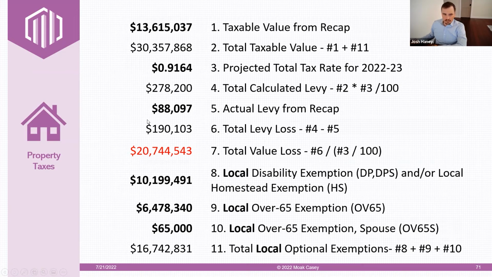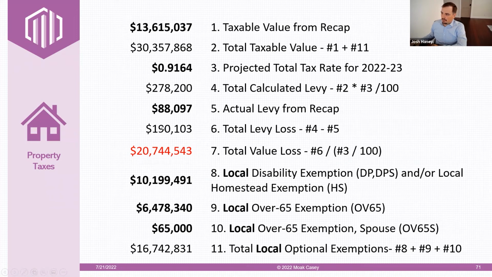What the controller does is it then looks at this difference and says, okay, how much property value would be needed to generate that level of collections? So they look at your tax rate, and you can see the math here. It's line 6 divided by 3 divided by 100. Make sure you get those parentheses right.